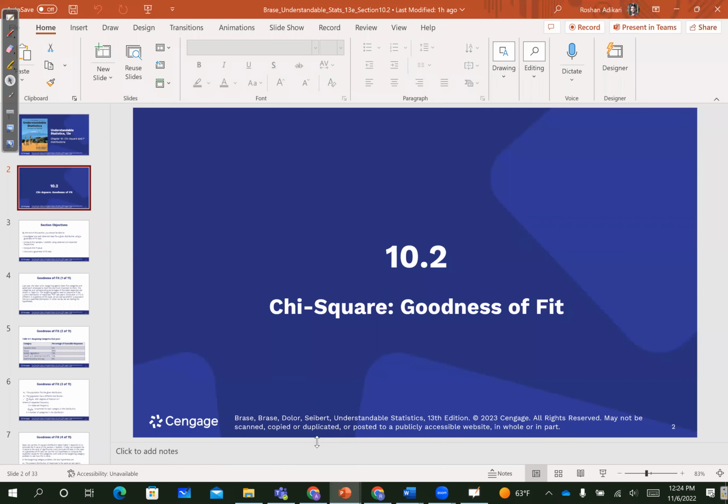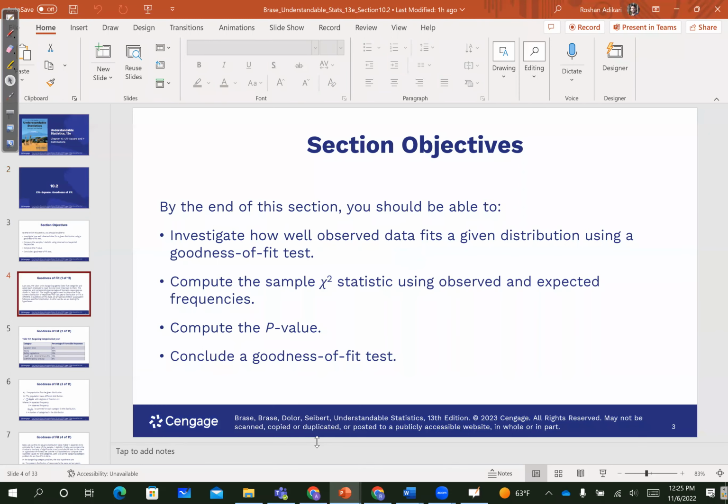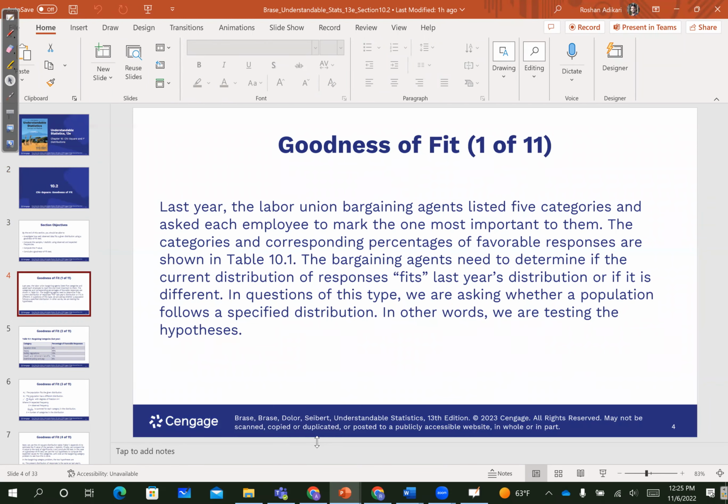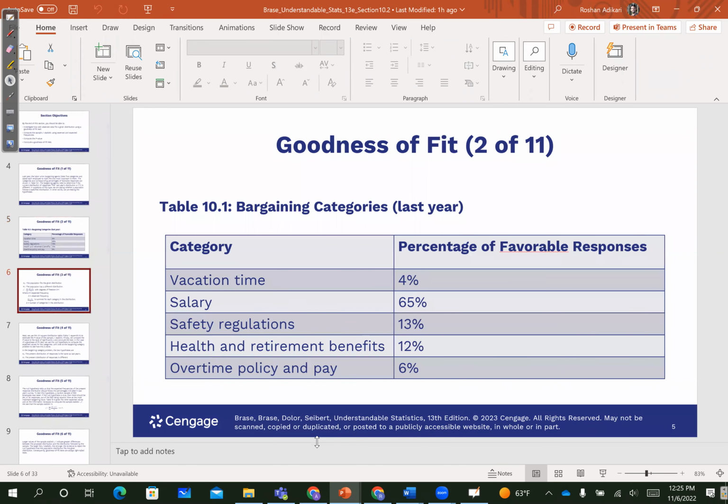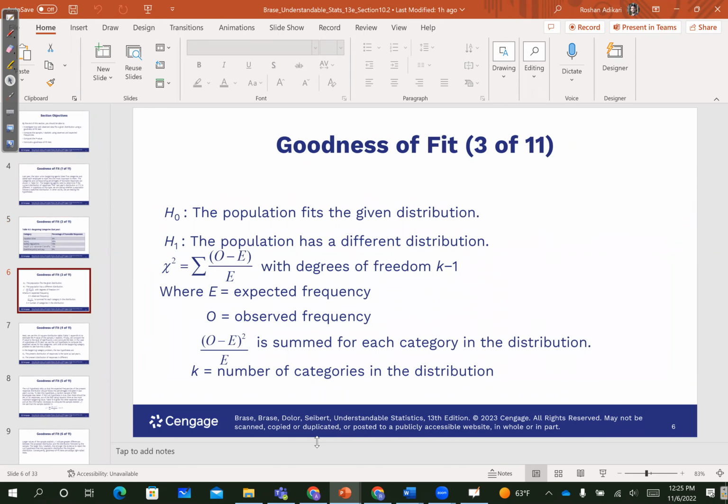Now I recommend that you read this example in 10.2. This is very much similar to the example that you have to work. See here you have the solution, and actually you will need this as well. K is the number of categories, and the degree of freedom, normally denoted by df, is going to be k minus 1.